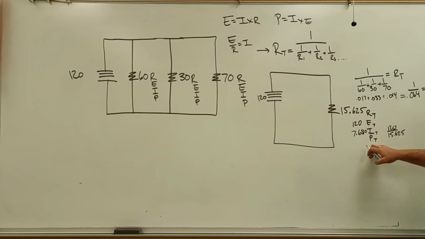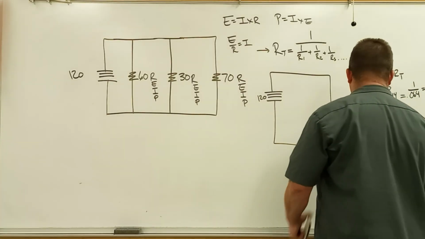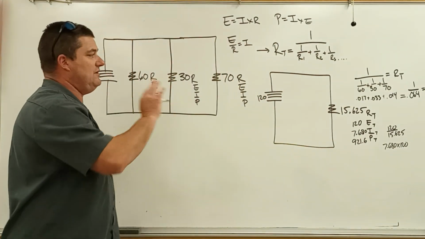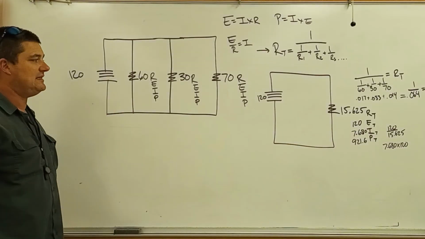And I'm going to do the same thing right here. I'm going to take P equals I times E, 7.680 times 120 equals 921.6.